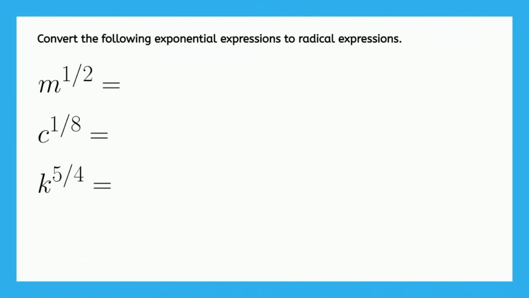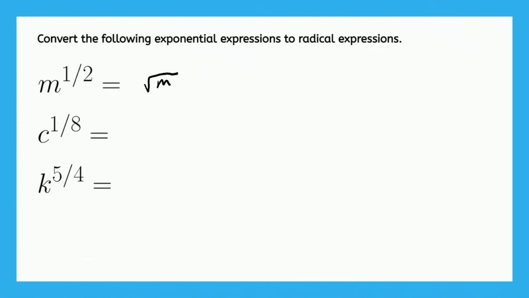What would be the exponential expression m to the 1/2 converted to a radical expression? First of all, let's just write the m again. All right, there's our m. Now let's write the radical. The numerator of the fraction that is the exponent will become the exponent on the term inside the radical, and the denominator, in this case the 2, will go in front of the radical.